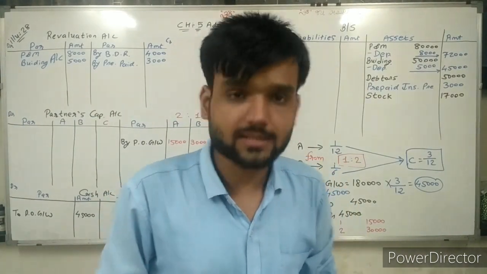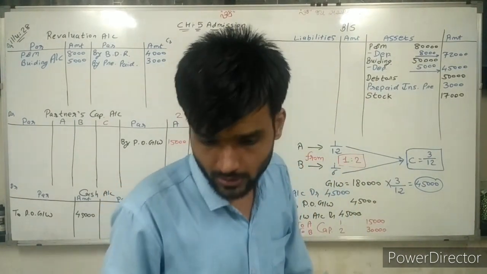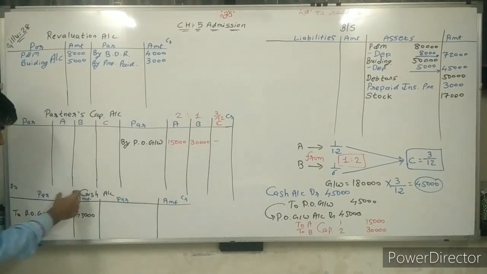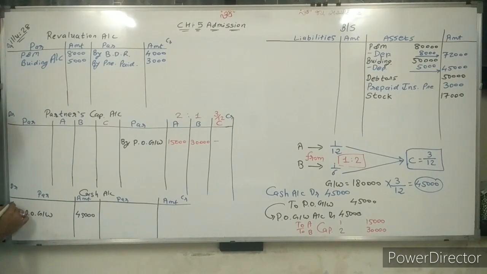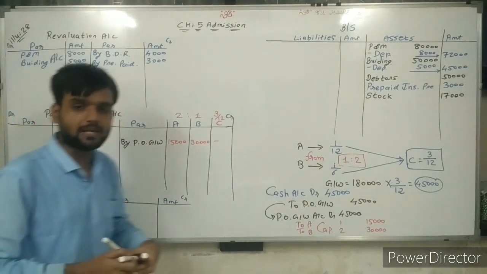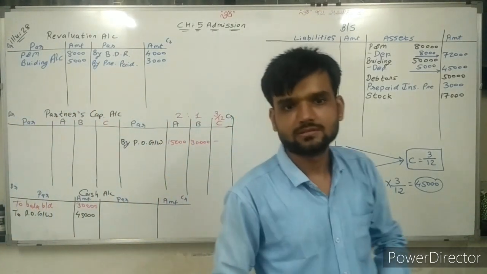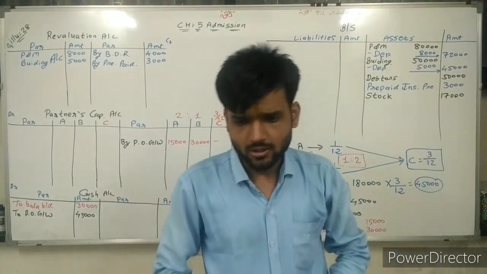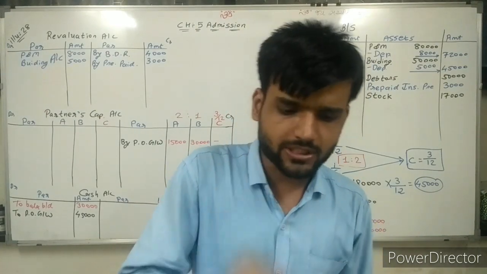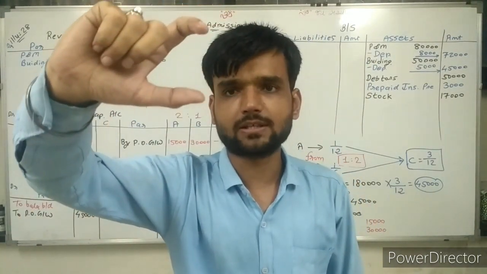Next, debtors are written. Cash and bank balance 33,000. All are ready. 30,000 rupees is the cash and bank balance given. Simple. So the asset side is clear. Now going to the liability side. In the liability side, capital of A and B is given.